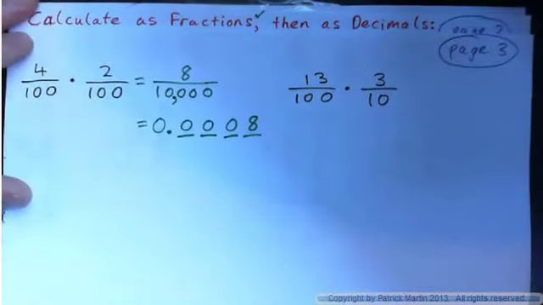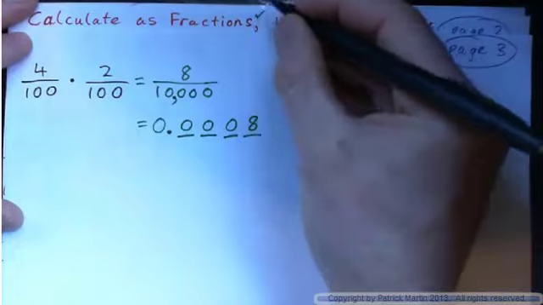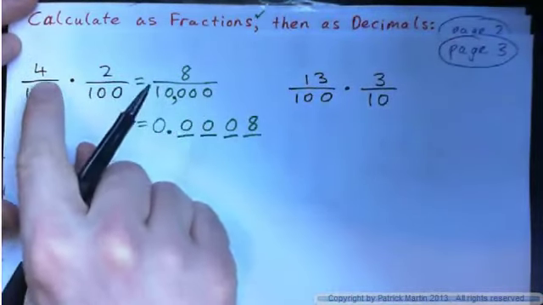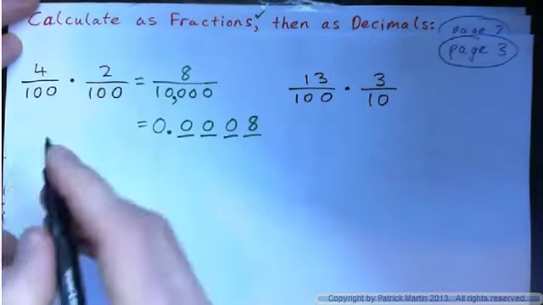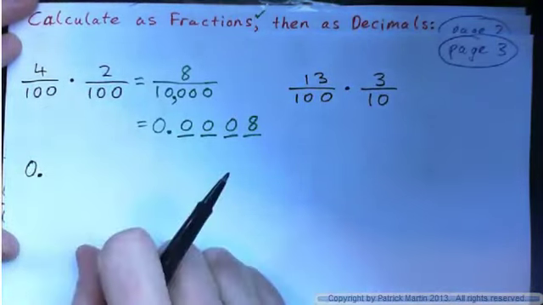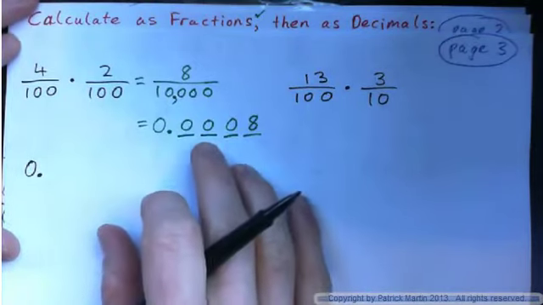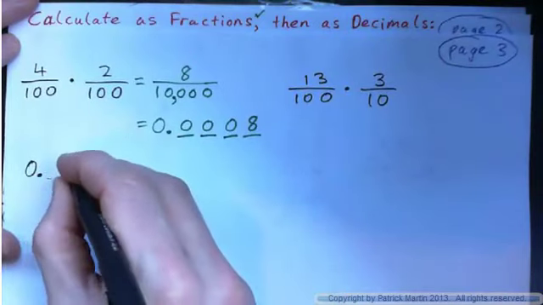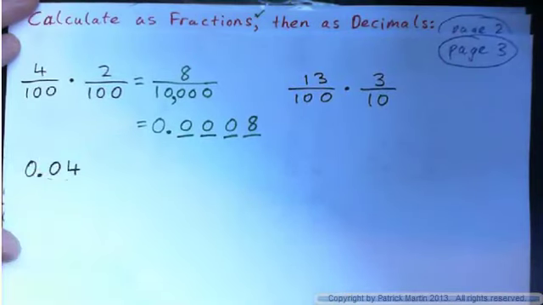Now, I've calculated this as a fraction. Now I'm going to calculate this with decimals. What is 4 hundredths as a decimal? 0. What? It's like 4 cents, right? 4 hundredths of a dollar is 4 cents. So tenths, hundredths. So the 4 goes over here and you plug a 0 here, right?